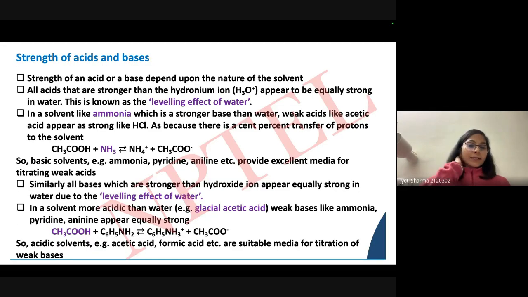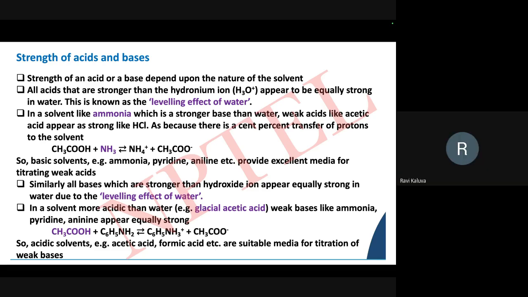This is the slide that I got from Anjali ma'am only, and this was nothing but, if you are having any acid or base and you are dissolving that acid and base into the water, then water can decide what will be the acidity and the basicity of that acid and base.